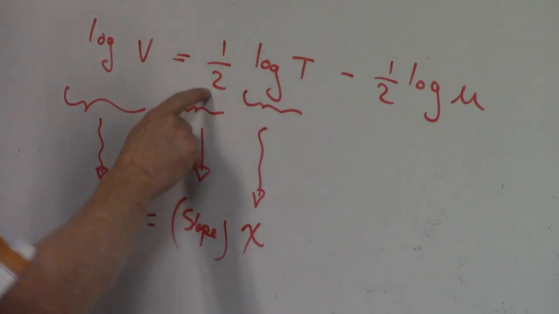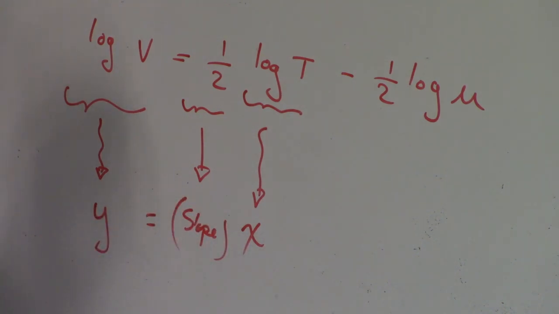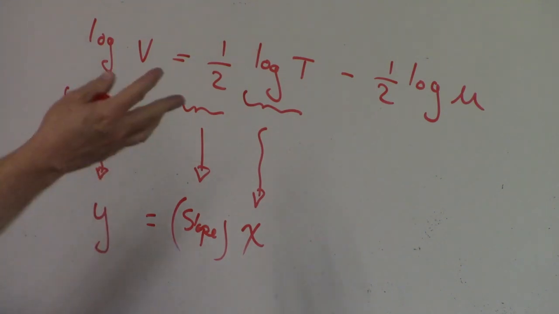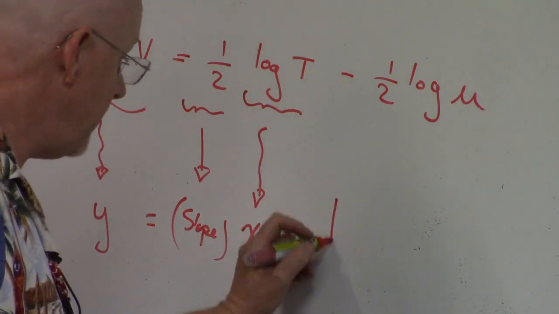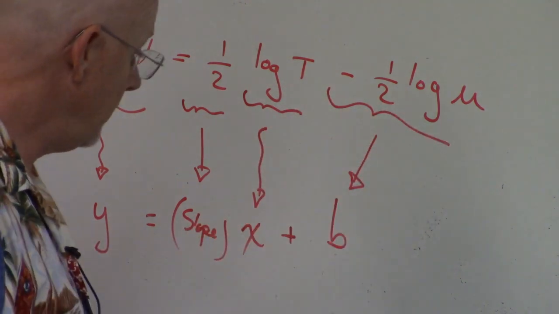Remember I said the power that it's raised to will become the slope when you do a log-log plot. And so let's see if we get graphs that have a slope of 1/2 for all three of them. Now, of course, this over here plus the b, this whole thing, including the negative sign, would be the intercept.